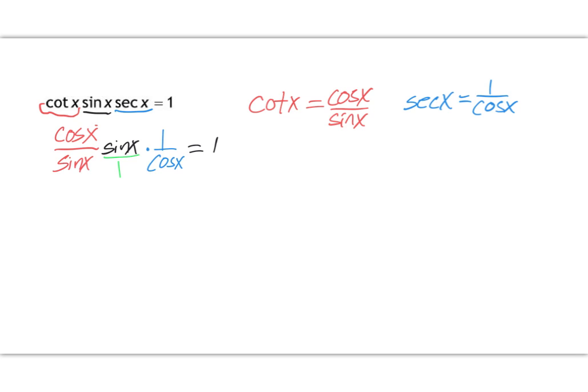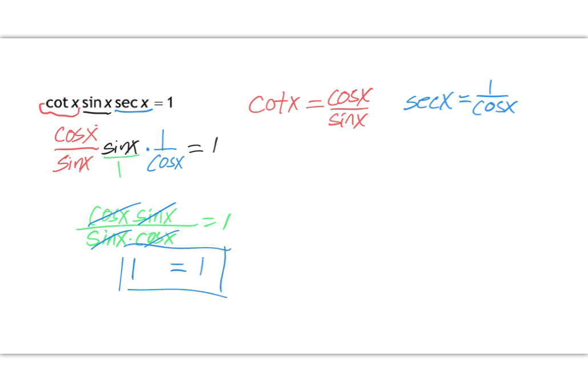So cosine times sine, I'm going to write that as cosine x, sine of x. And then the bottom, we've got sine x times cosine of x. Sine x times cosine of x is equal to 1. And then algebraically, we can see that we've got the same thing on the top and the bottom. So that means that 1 is equal to 1. This identity is complete.